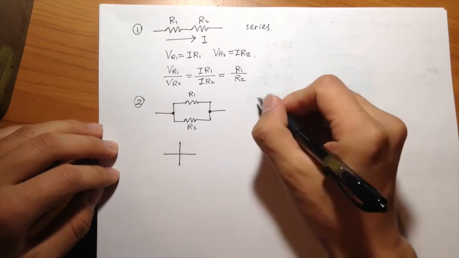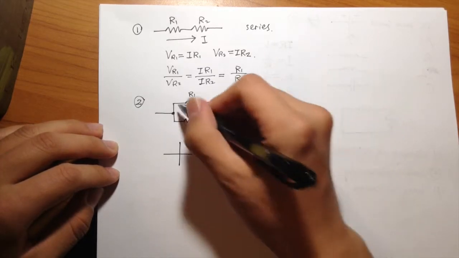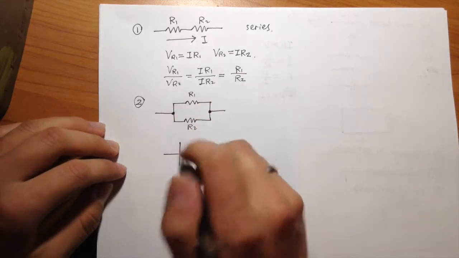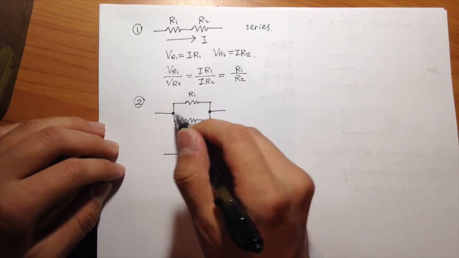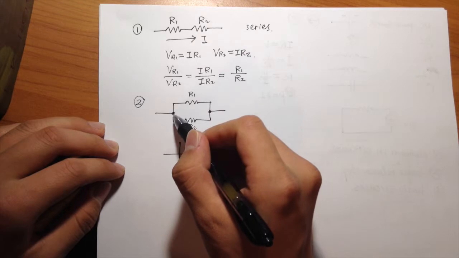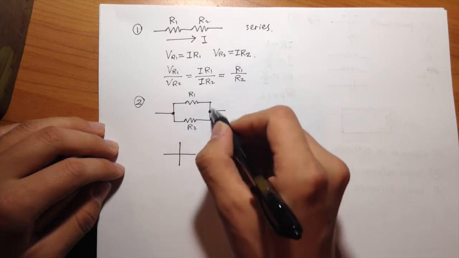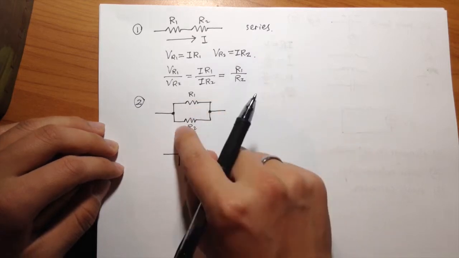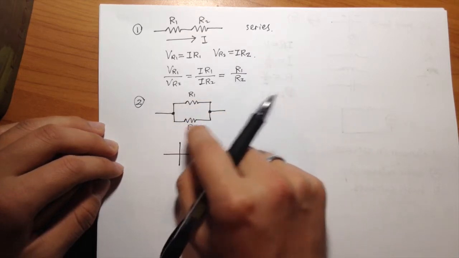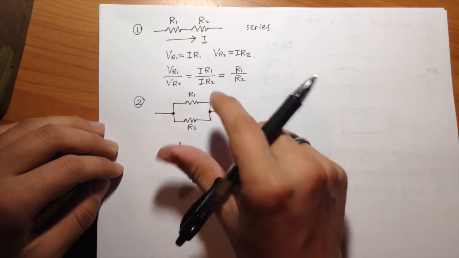So we have two resistors in parallel, and since they both come from this dot, and then the current would go through both resistors and come back to this dot, the voltage across both resistors would be the same.